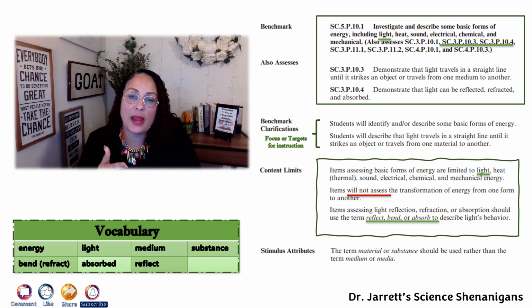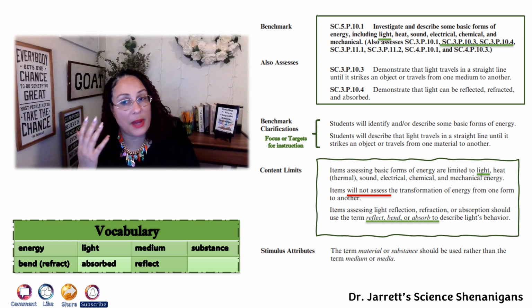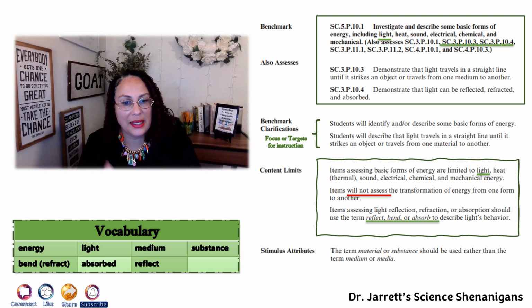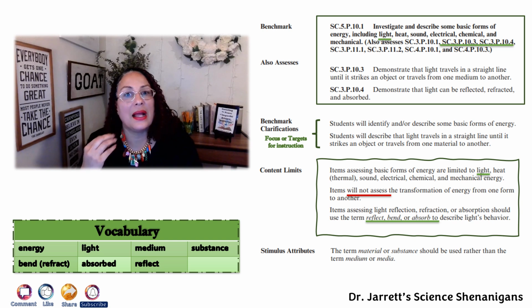They could have asked about a reflected question. They could have asked about an absorption question. They could have not asked the question at all and asked about light traveling in a straight line until it hit a material. So we just have to prepare them for whatever it could be on this state assessment, but also provide them with activities and vocabulary that align.